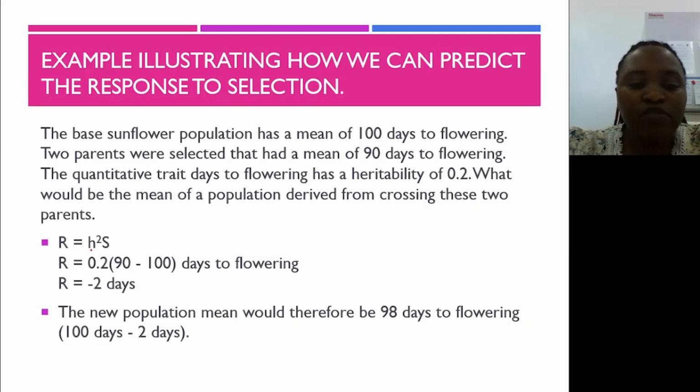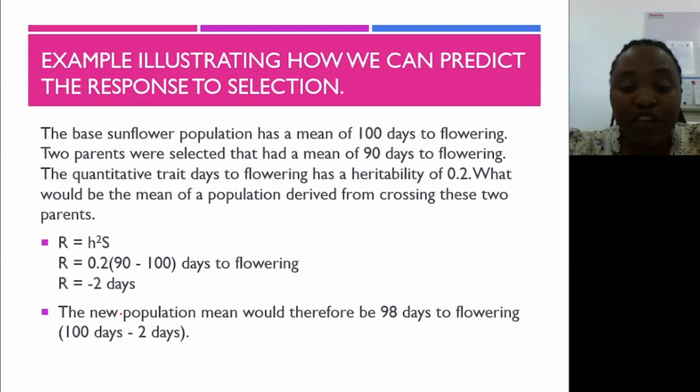So R equals h² times S. R is 0.2 times the parents' mean, which is 90, minus the base population, which is 100, giving us an R of minus 2 days.